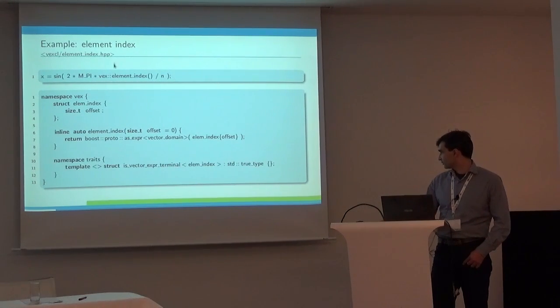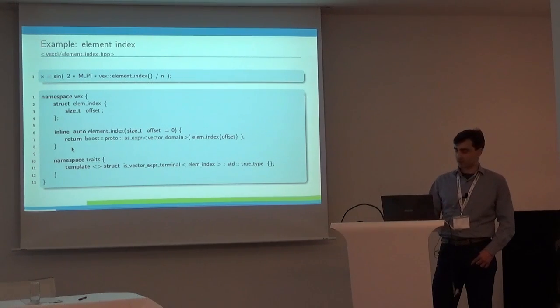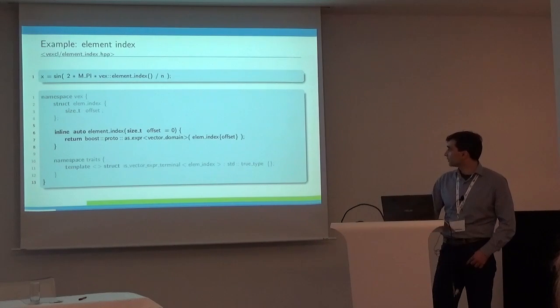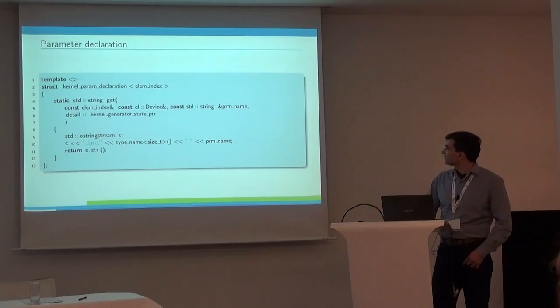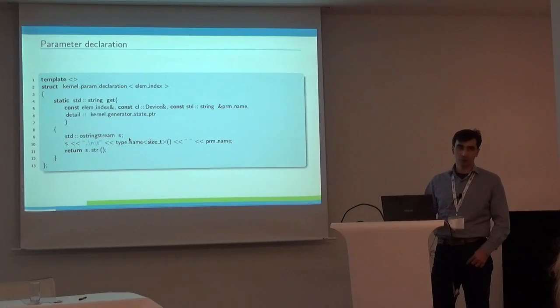And then, we just tell VexCL that it can actually use this struct inside expressions. If you don't do this, you will get compilation errors, if VexCL does not recognize your terminal. And then we do parameter declaration. We have a single parameter, which is offset.